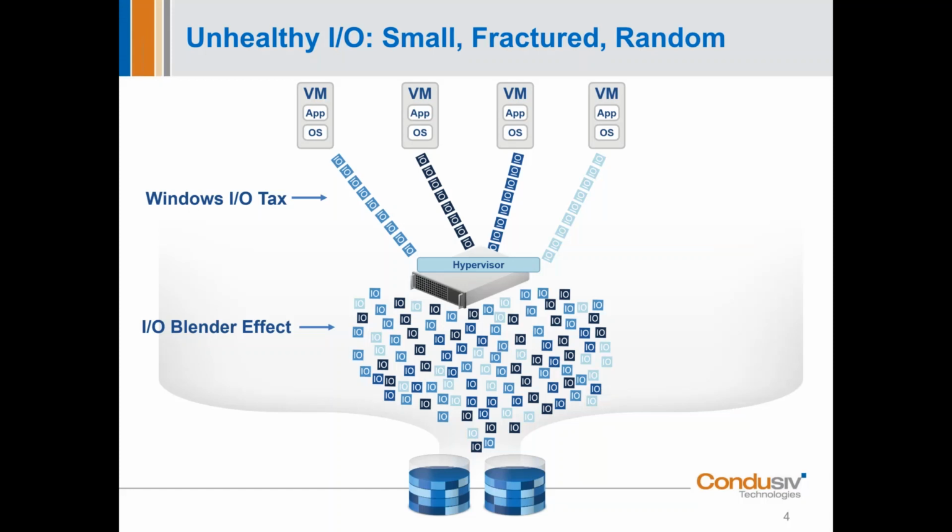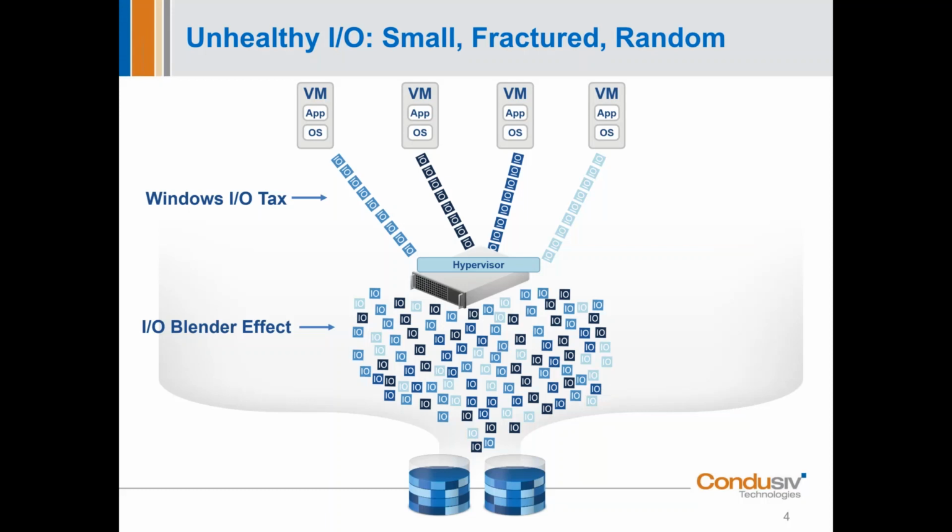Unlike split pages in SQL, each storage I/O takes a measurable amount of time and resource to process. So in the real world, a gigabyte of storage I/O traffic that should be written in 2,000 or 3,000 I/Os could now be taking 30,000 or 40,000 I/Os to complete. And we call the performance penalty that these split I/O situations cause the Windows I/O tax, as in a tax on your performance due to the split I/Os.